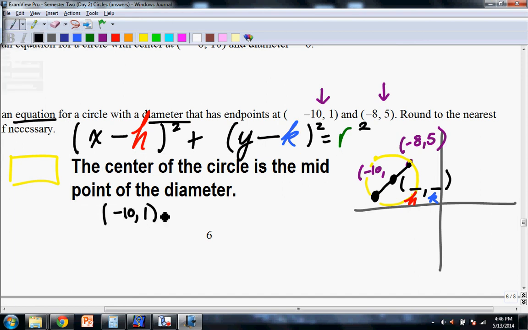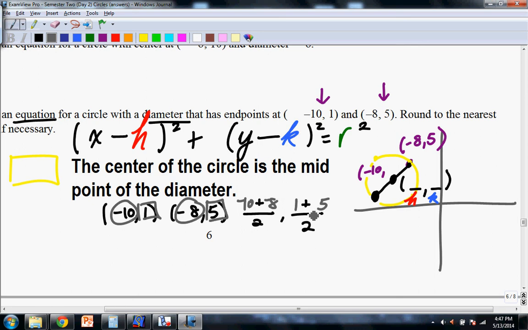So here we have -10, 1, -8, 5. We're going to stick that in the midpoint equation, in which we add the x's, divide by 2, add the y's, divide by 2. Just circle my x's, -10, -8. Box my y's, 1 and 5.